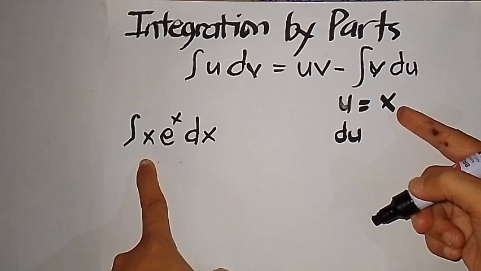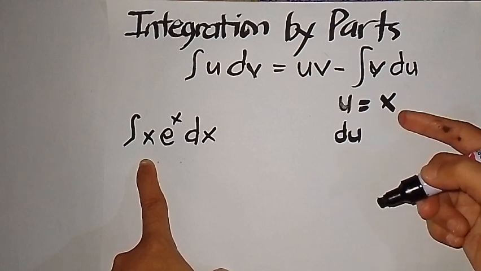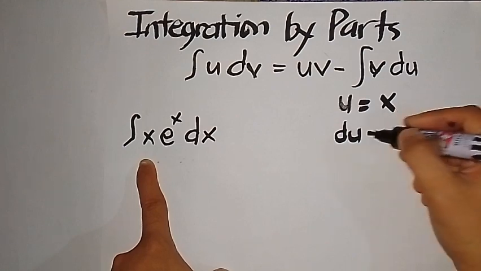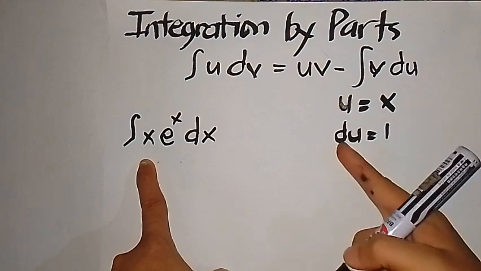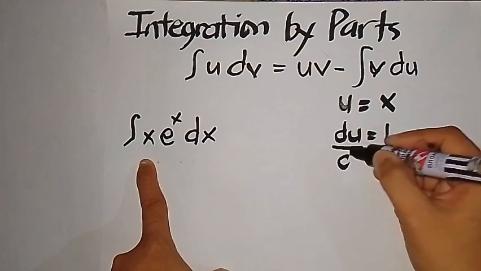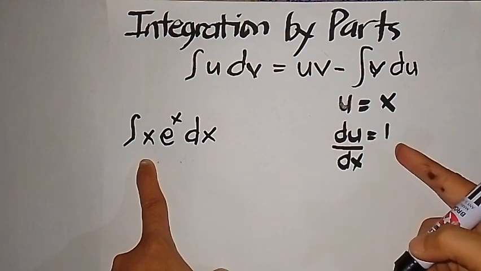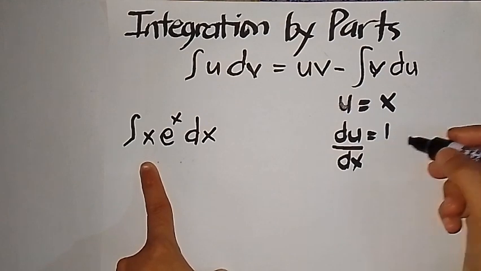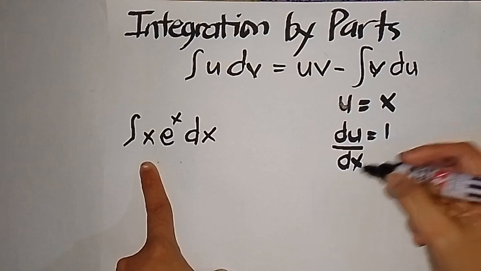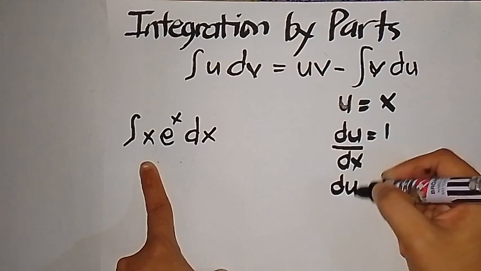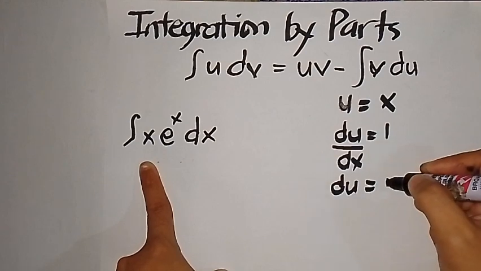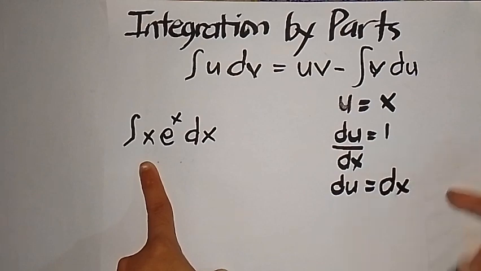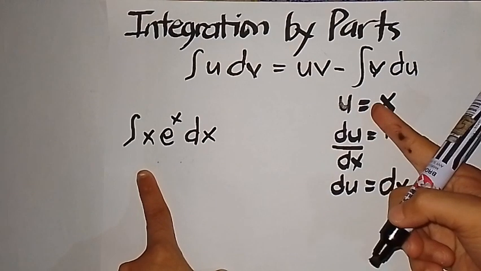So what's the derivative of x? It is simply equal to 1. If we multiply this by dx, we simply have du is equal to dx. So we already have u and du.